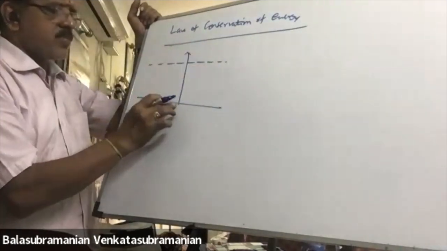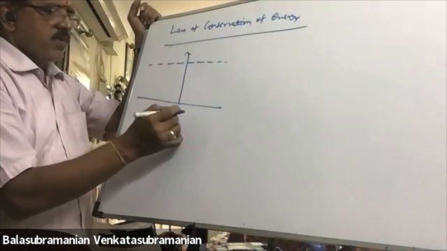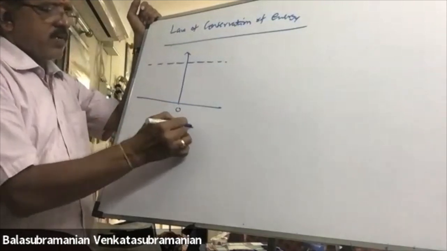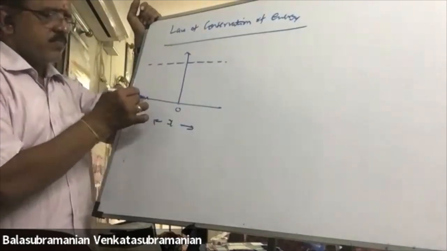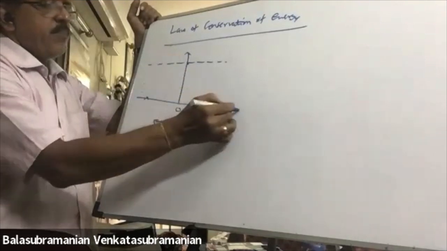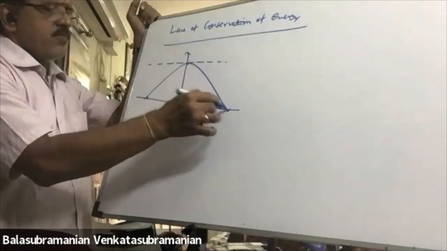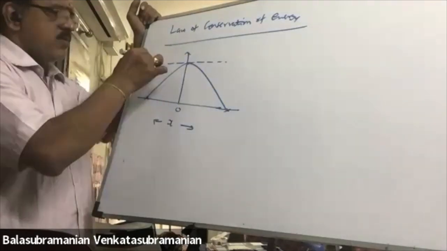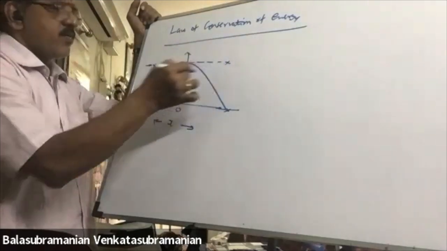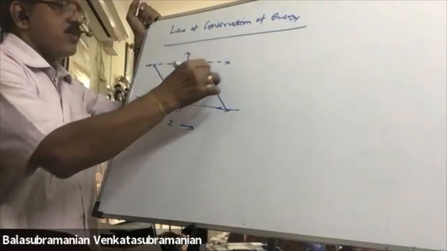This is the mean position, the equilibrium position, and this is displacement. Three points we will take. Join these three.